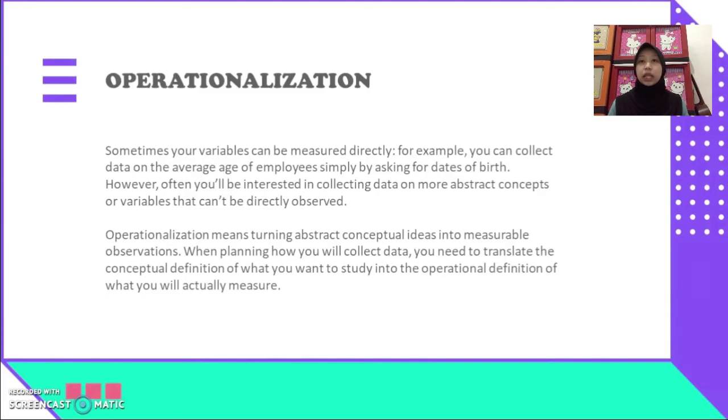Operationalization means turning abstract conceptual ideas into measurement observations. When planning how you will collect data, you need to translate the conceptual definition of what you want to study into the operational definition of what you will actually measure.